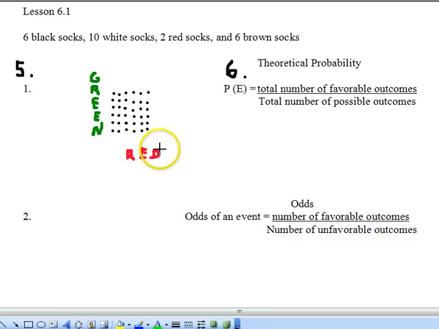So the x-axis represents our red cube, and the y-axis represents our green cube. And as you can see, I created a sample space with points on the graph. And I went over 6 and up 6 because there are 6 faces on the green cube and 6 on the red cube.